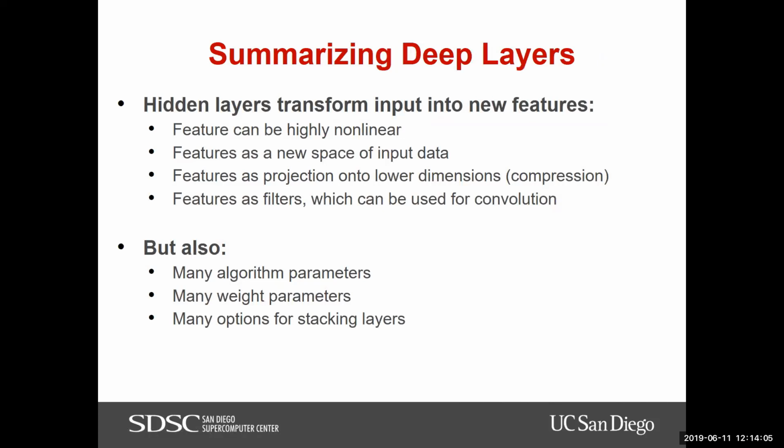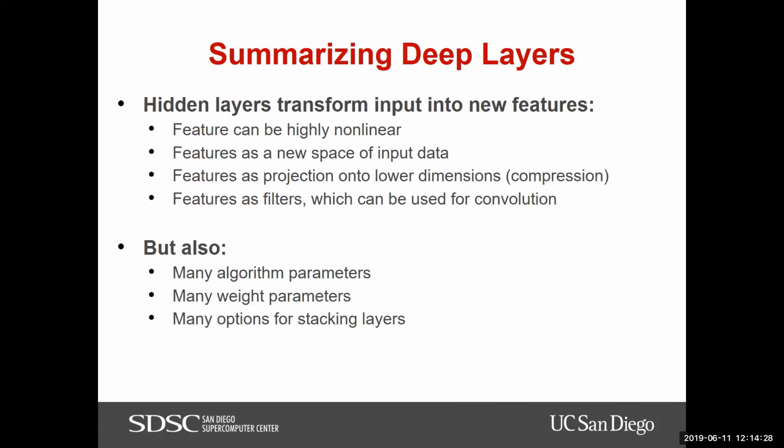Okay, so in a nutshell, that's what deep learning is and what a convolution network is. Some of the important highlights here: hidden layers are doing transformations into new features. These features are highly nonlinear. We can think of them as a new space for the input data.